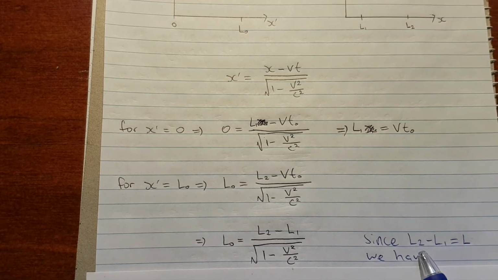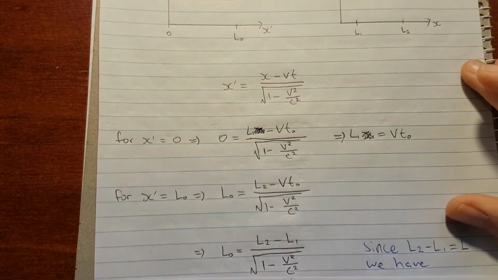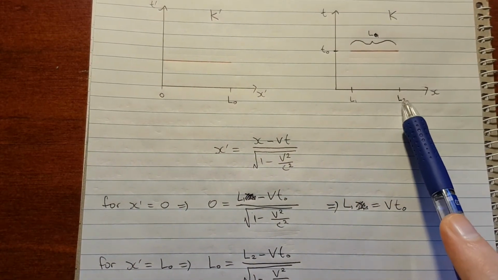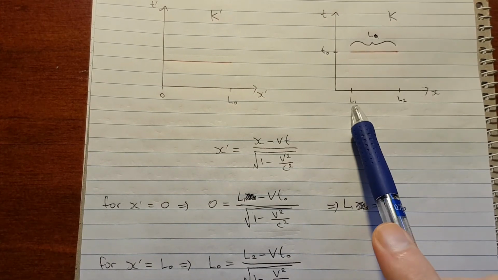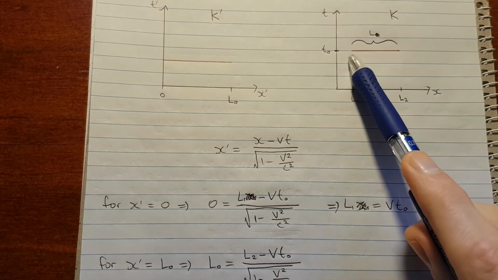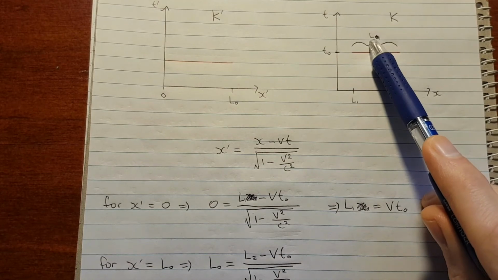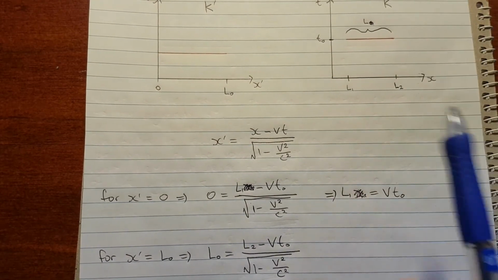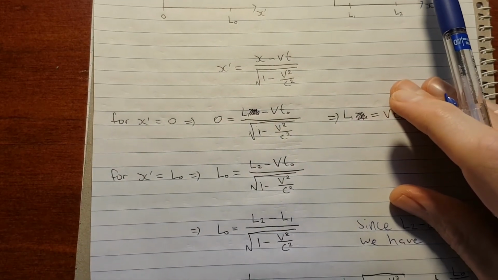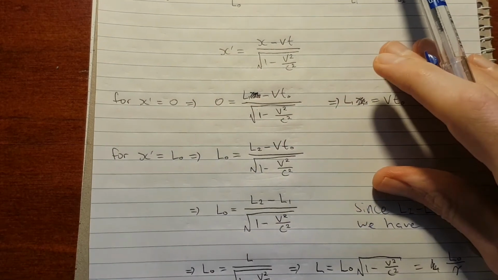Now since L2 minus L1 is equal to L, this length L2 minus this length L1 is the distance between L1 and L2, which is the length of our ruler, which we just said was L. Since that equals L, we can just put in L here.